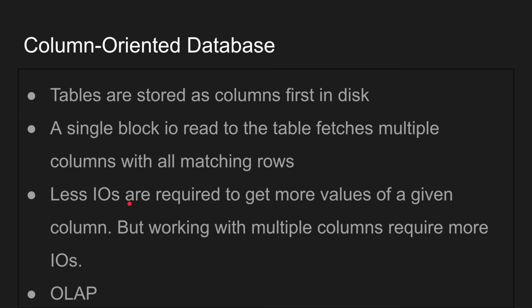Fewer I/Os are required to get more values of a given column, because if you want to get, as we said, the first 100 salaries, that is extremely efficient in a column-oriented database. Just go to the place where we stored the salary column and walk through there, because you're going to see the values are consecutive. We're going to go into the example. And they are great for online analytical processing, as we're going to see in the coming slides.